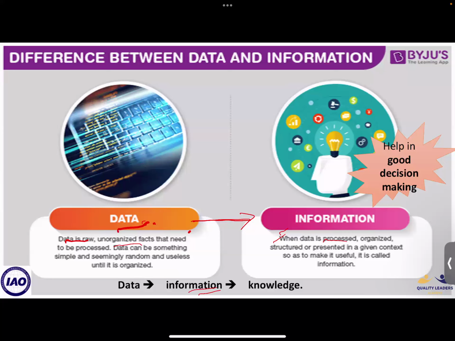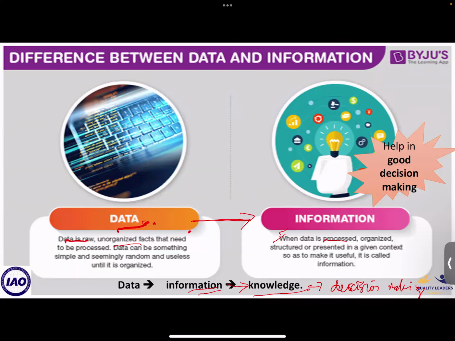And this information will give me knowledge. Yes, I will have insights and knowledge. This knowledge is what will help me in decision making. However, raw and unorganized data will not help me make a decision.